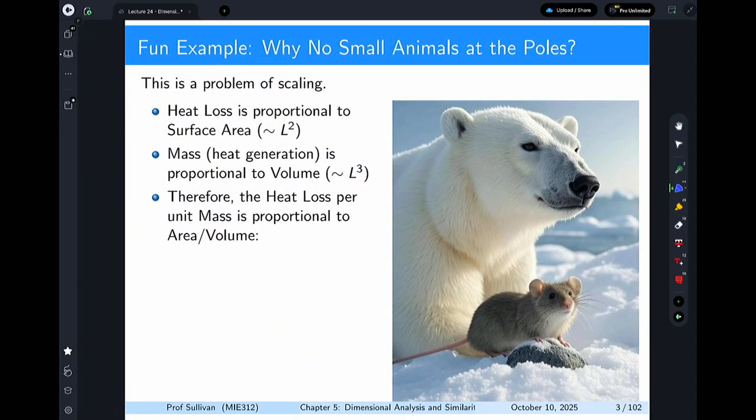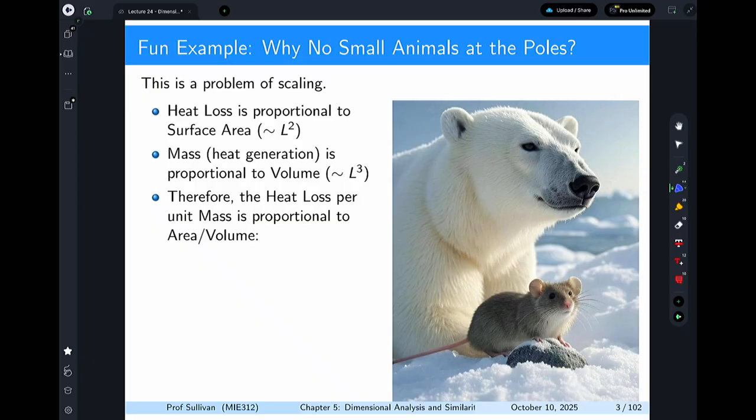So just starting out with a simple example, why aren't there any small animals in the Arctic or at the poles? Heat loss is proportional to surface area, and mass is proportional to volume.